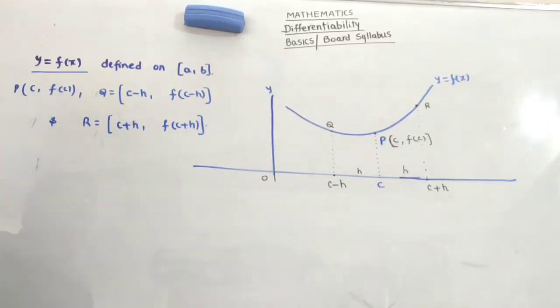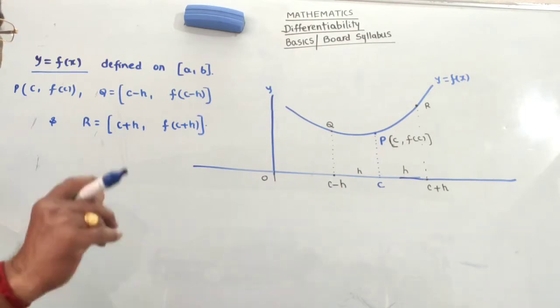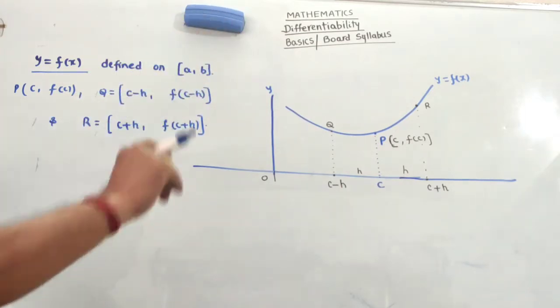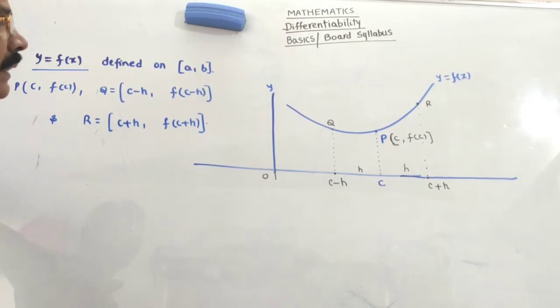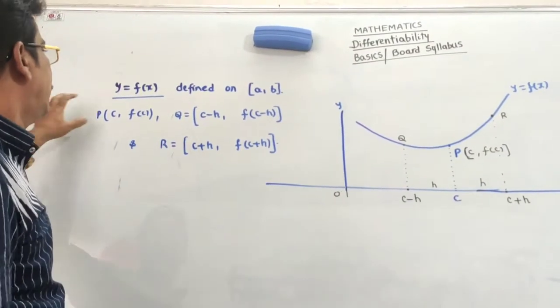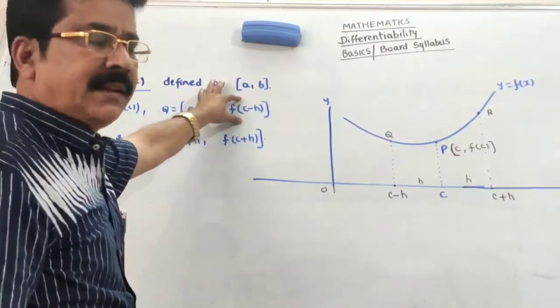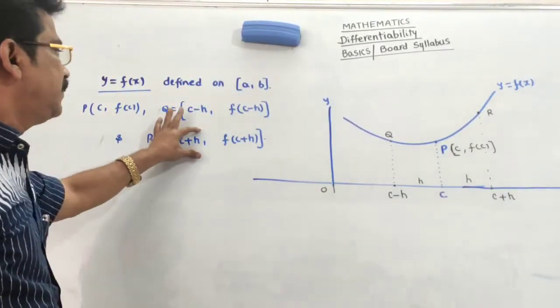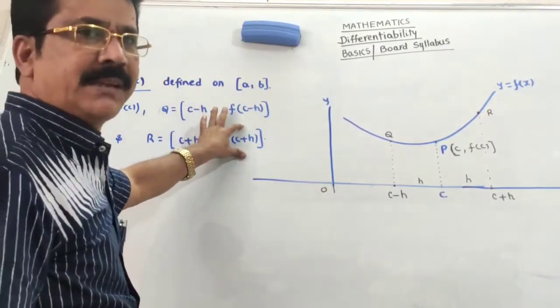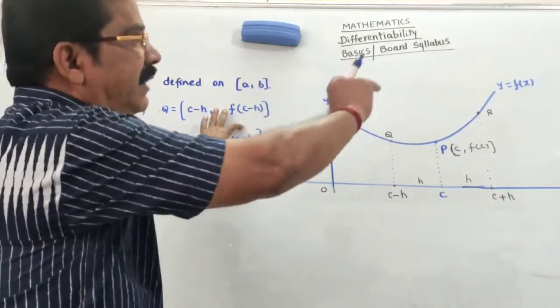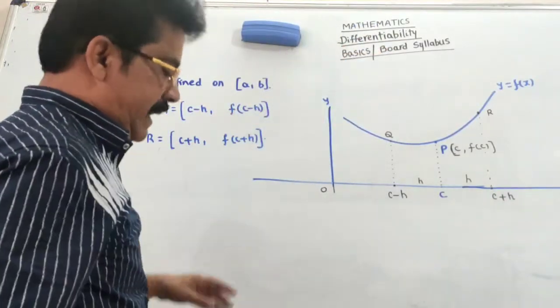So therefore, let P of c comma f of c be a point on the curve y equal to f of x, and suppose Q of c minus h comma f of c minus h and R of c plus h comma f of c plus h are the neighboring points on the curve y is equal to f of x.